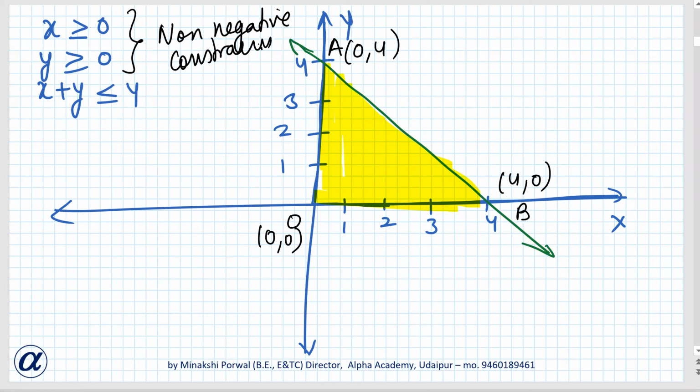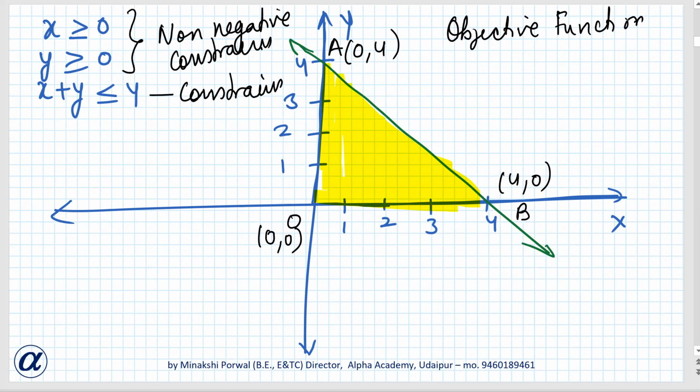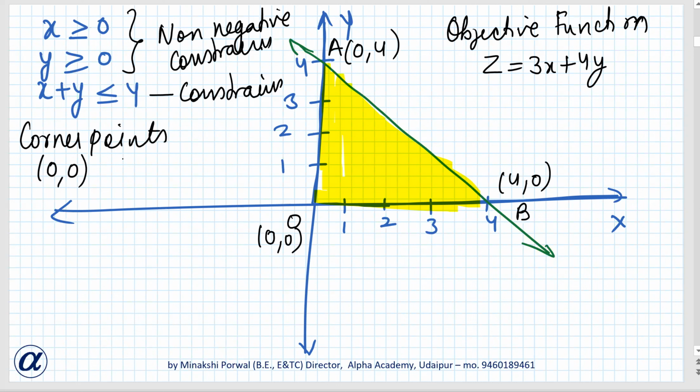Now the corner points are 0, 0, 0, 4, and 4, 0.